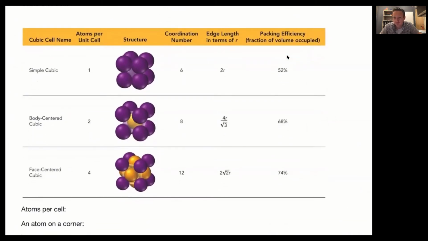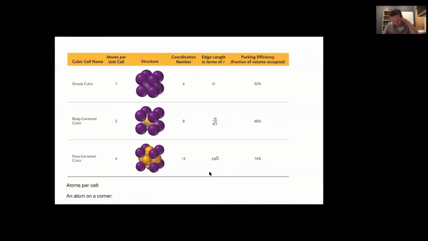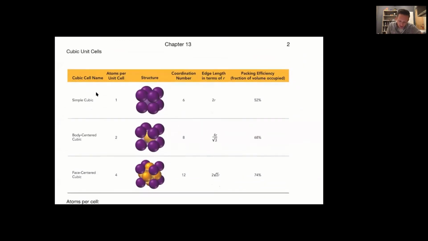They have different names based on how the atoms sort of overlap and how they stack and how many atoms are in the unit cell total. So the first one, pretty easy to understand, is called a simple cubic unit cell.